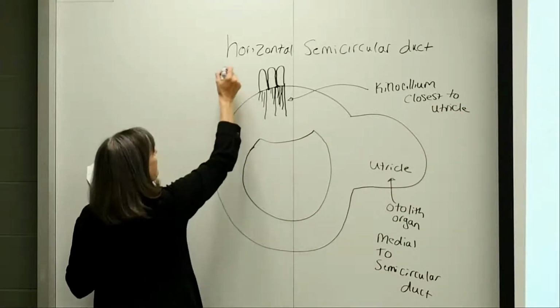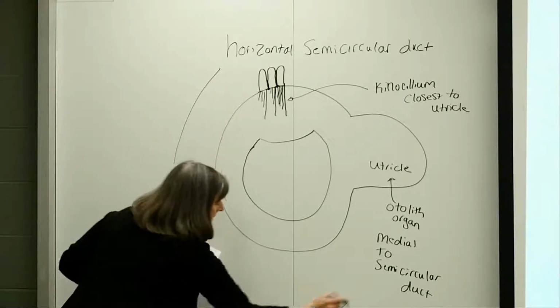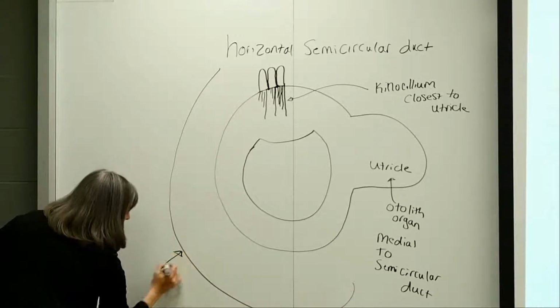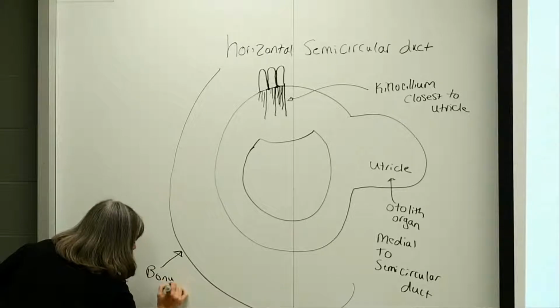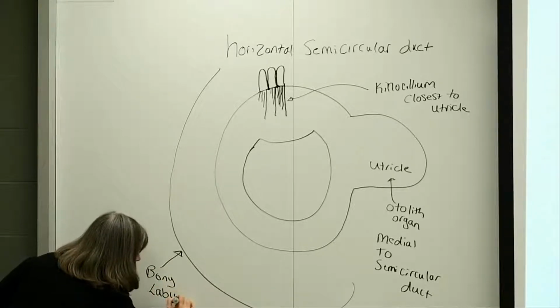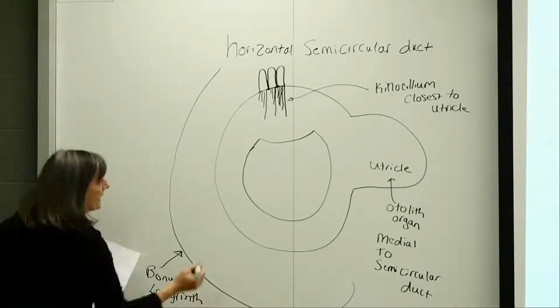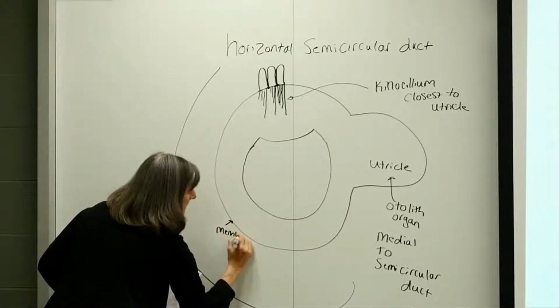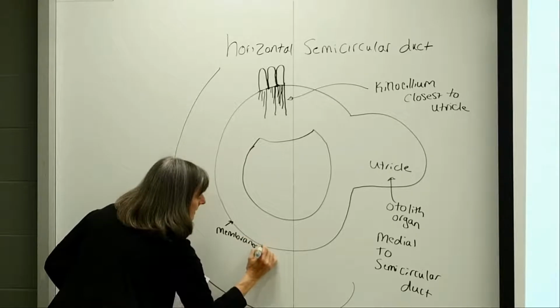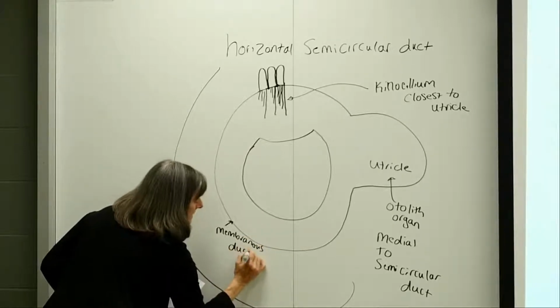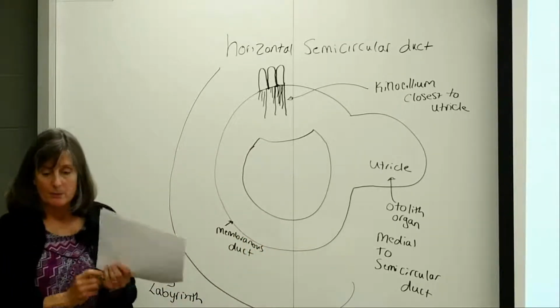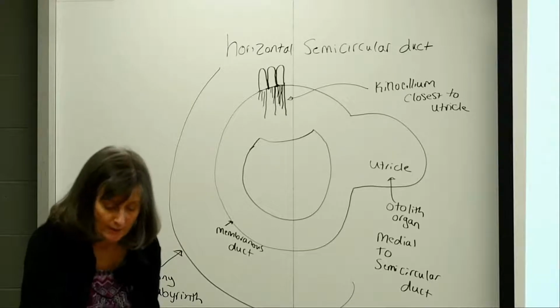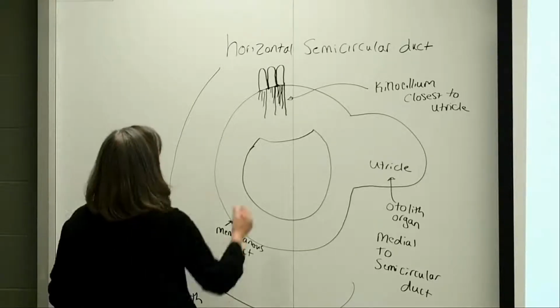And then outside of here, this is going to be our bony labyrinth. And then this is going to be our membranous one. The duct is going to be that. So our membranous duct, as you have already learned, is going to contain endolymph.